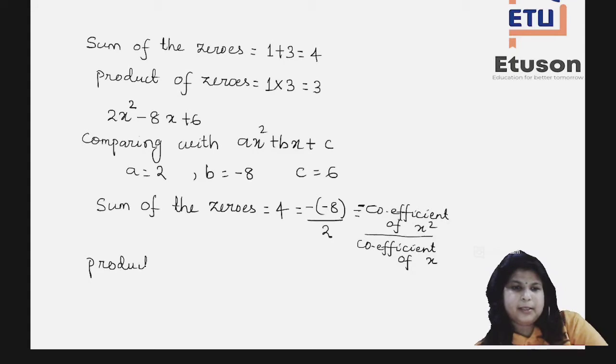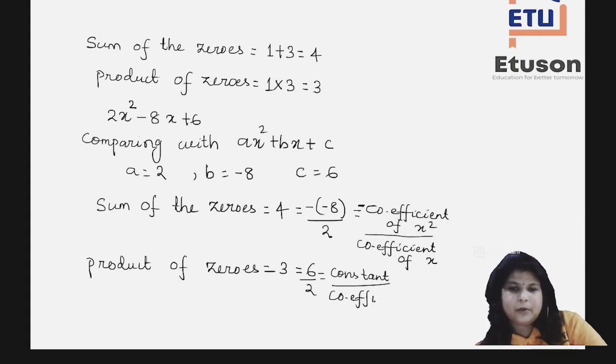What about product of zeros? So the product of zeros is equal to 3, which is nothing but equal to 6 divided by 2. That is constant divided by coefficient of x square.